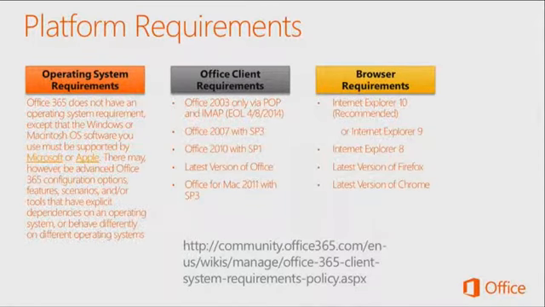And as most of you should know, or may not know, Windows XP support is expiring this winter. So in the January, February timeframe, Windows XP will no longer be supported, so it will no longer be supported with Office 365. You may want to keep that in the back of your mind. There's a link here to get more of these requirements.